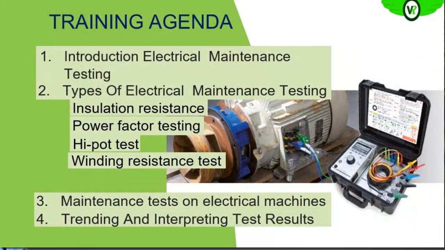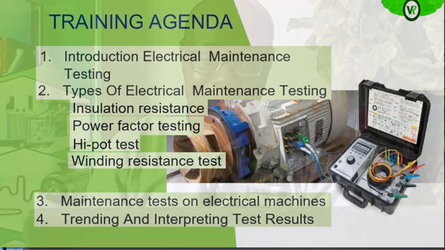To help us achieve all of these objectives, we have broken down this program into a series of topics. First, we are going to introduce ourselves to electrical measurement and testing, why we need to carry out measurement and testing, the various types of electrical measurement and testing, and the particular component in the electrical asset or machine that we are testing.